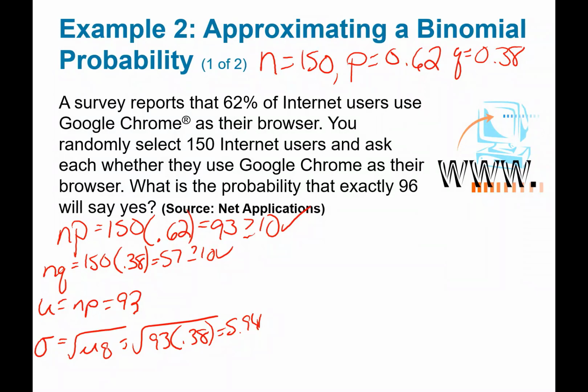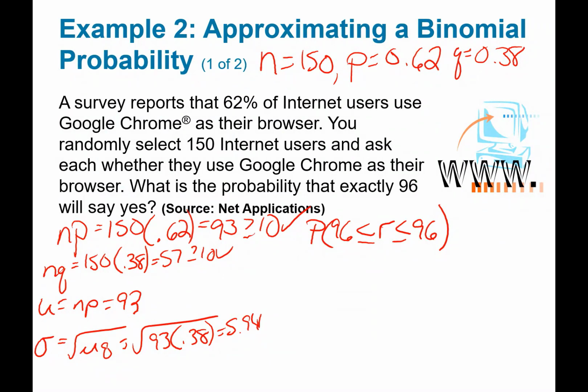Now let's set up our probability. We're looking for the probability that exactly 96 people will say yes, that they use Google Chrome as their web browser. If we think of it that way, our binomial random variable r is between 96 and 96. That's really the same thing as saying equals 96, right?